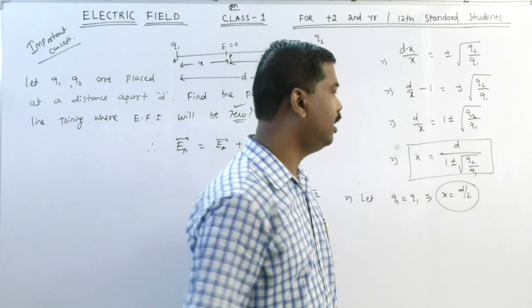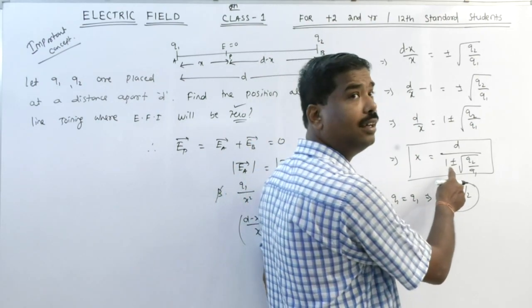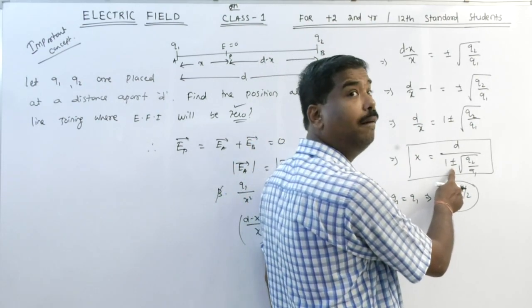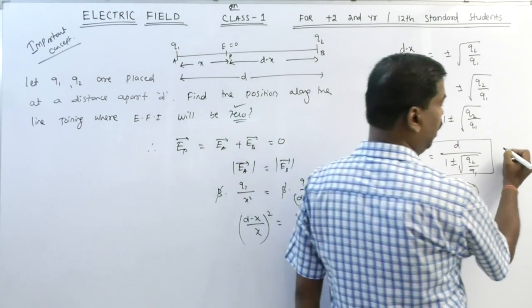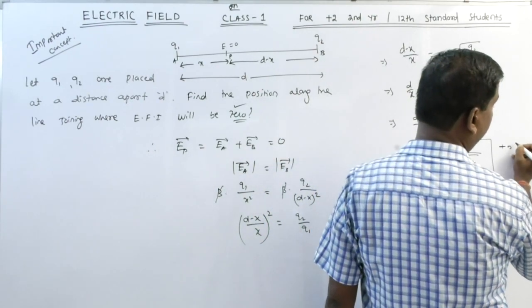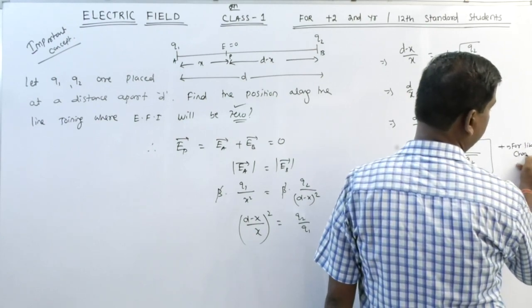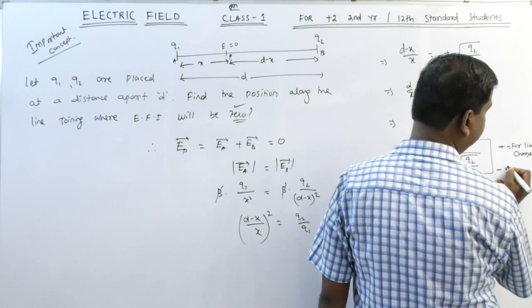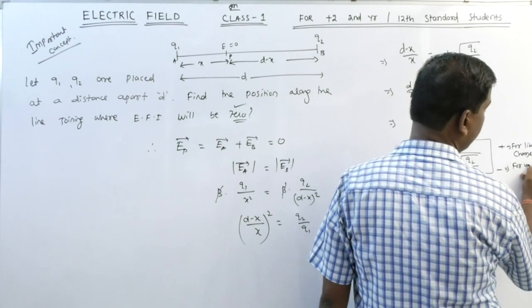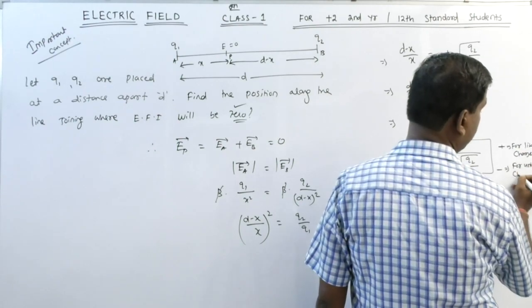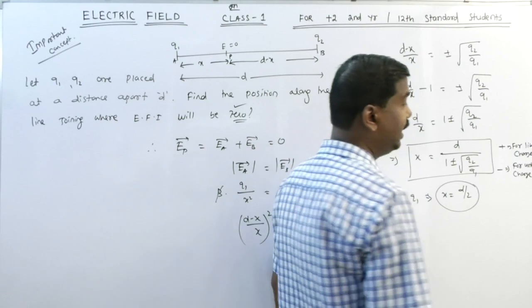You can ask, sir, you have mentioned here plus and minus sign. You have mentioned both plus and minus sign. Then plus sign is for like charges and minus sign for unlike charges.